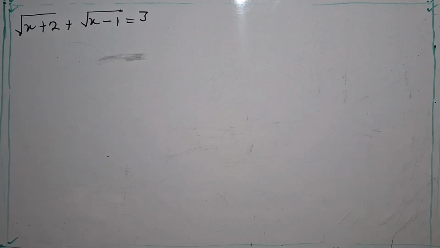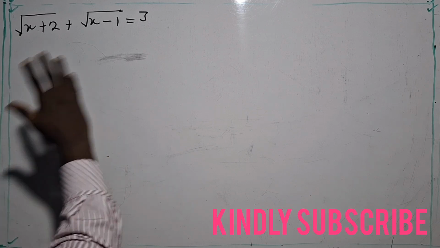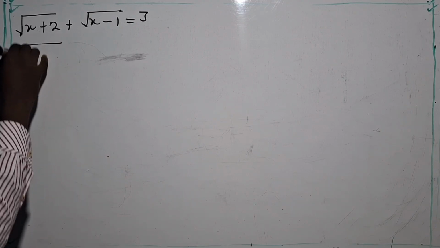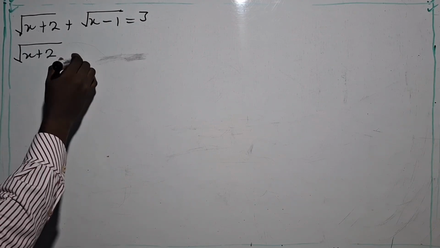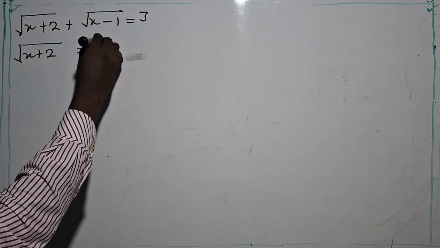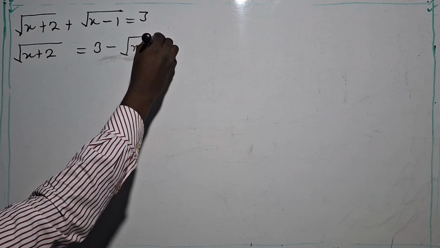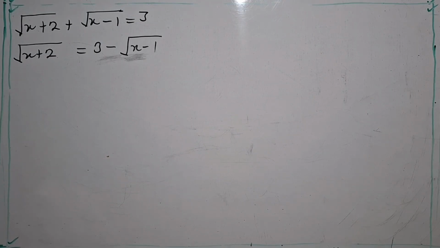So we have to find the solution set. With this one, we have to isolate the radical by leaving one on the left side and one on the right side. So we are going to have the square root of x plus 2 is equal to 3 minus the square root of x minus 1. This is the first step.